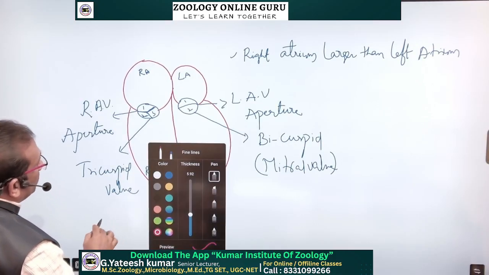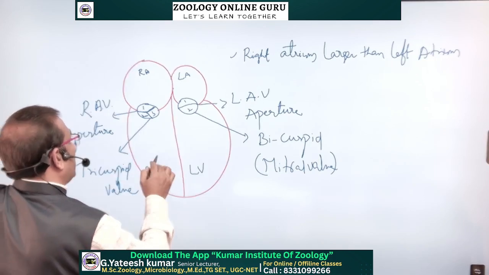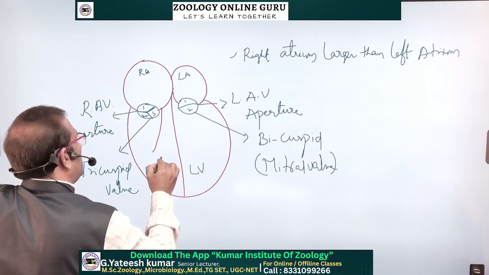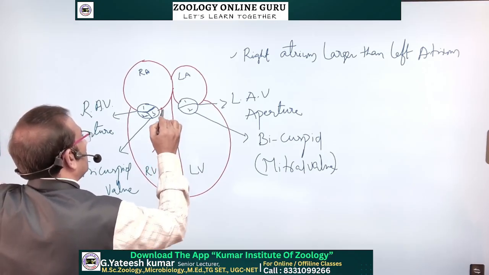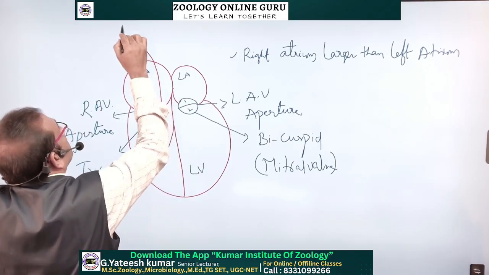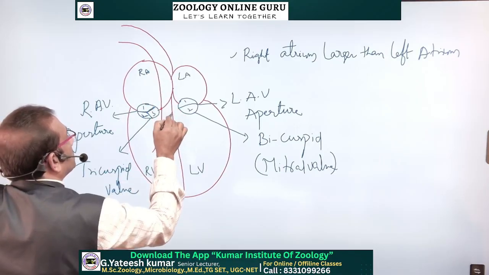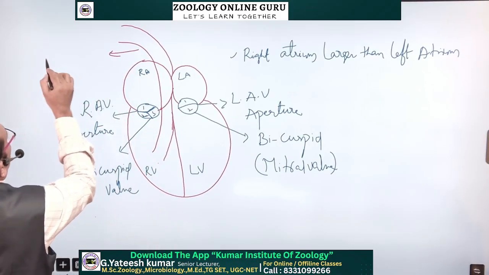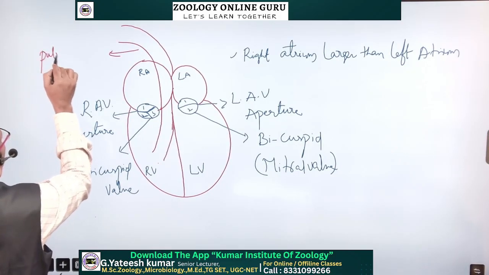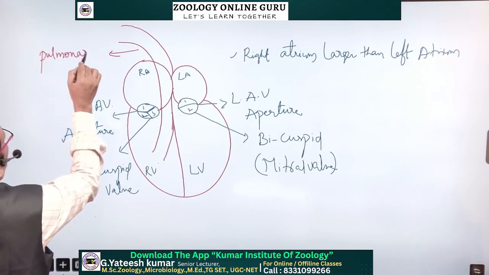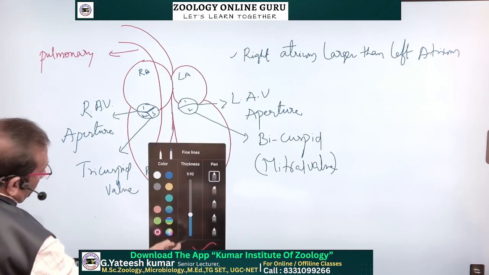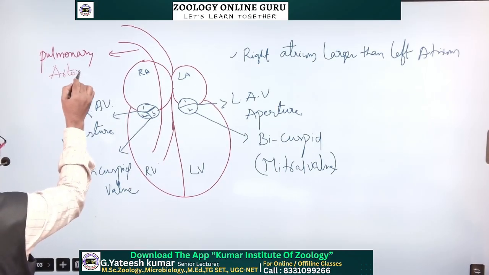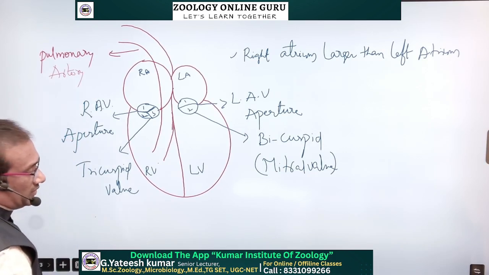From the right ventricle, a blood vessel comes outside. This is known as the pulmonary artery.